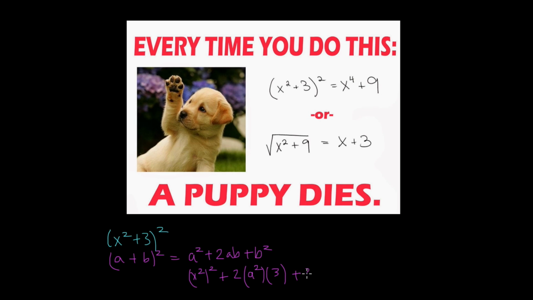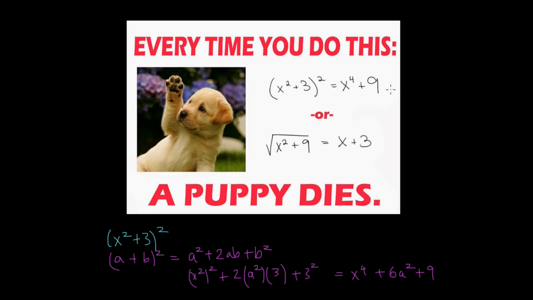That's going to give me x squared raised to the second, which is x to the fourth, plus 3 times 2 is 6, so 6x squared, plus 3 squared is 9. So what we actually get if we square this is x to the fourth plus 6x squared plus 9.